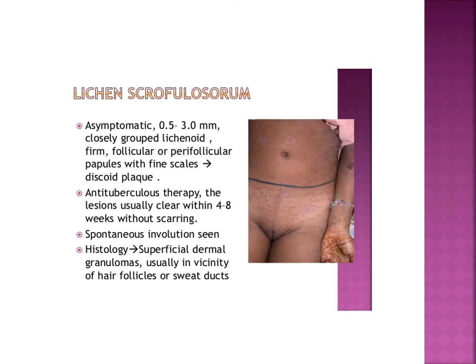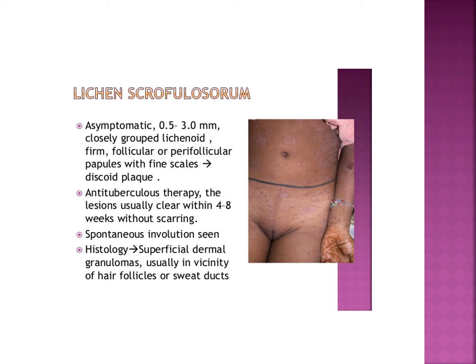Here is the other slide of lichen scrofulosorum. I think you can better recognize the lesion in this slide. And as I mentioned, the size is approximately 0.5 to 3 millimeters, closely grouped. They present as follicular or perifollicular papules with a very fine scale.